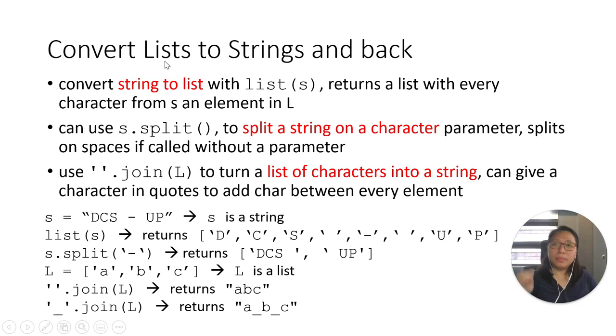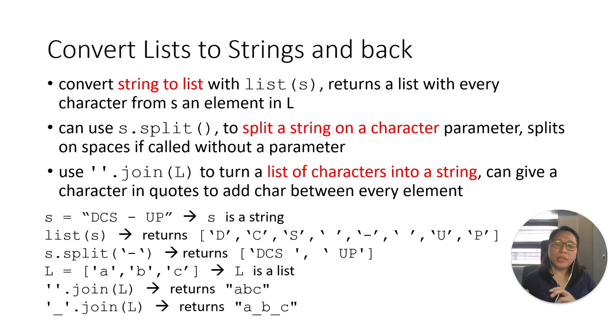So in Python, we can convert lists to strings and strings to lists. As we know, strings are immutable and lists are mutable. So this helps programmers to manipulate or change the values in a string.